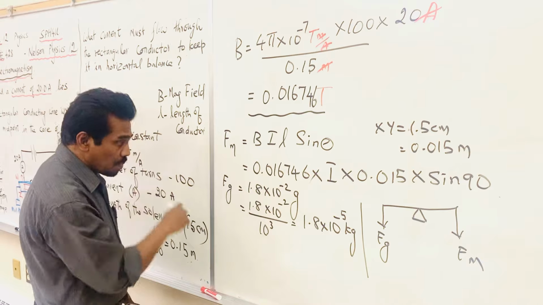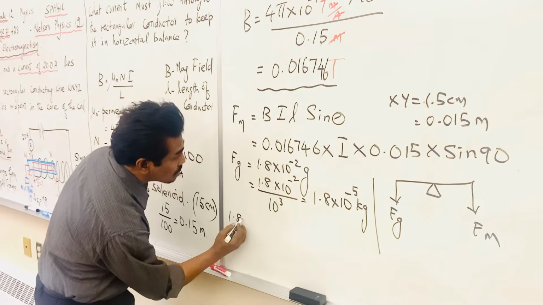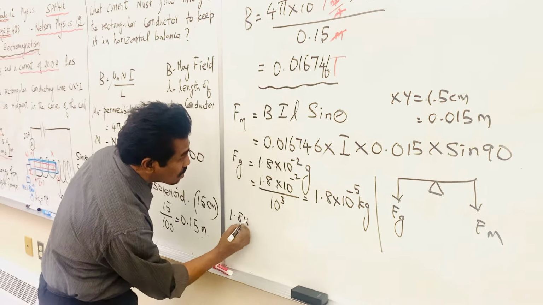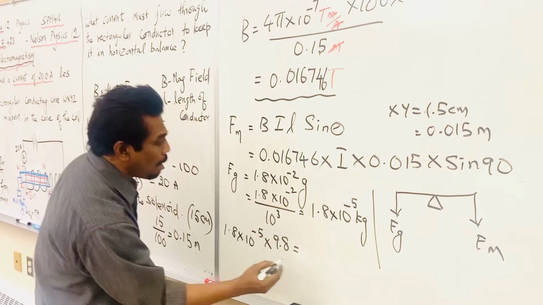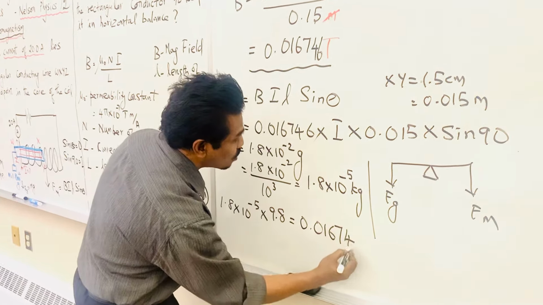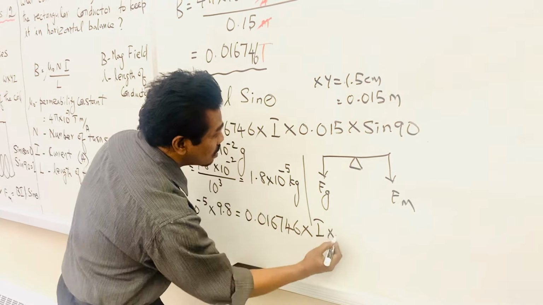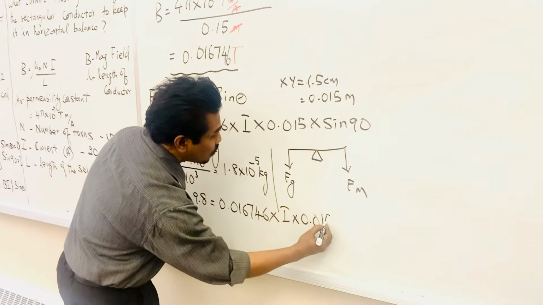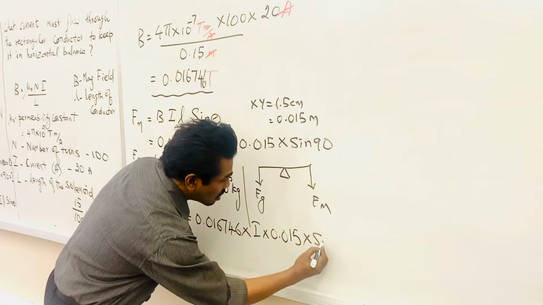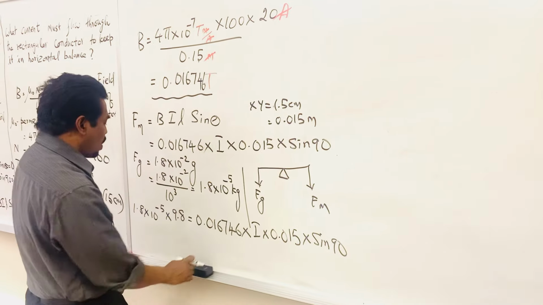So now we can equate: 1.8 times 10 to the power negative 5, times gravity 9.8, equals 0.016746 times the current, which we are going to calculate, times 0.015 times sine 90.